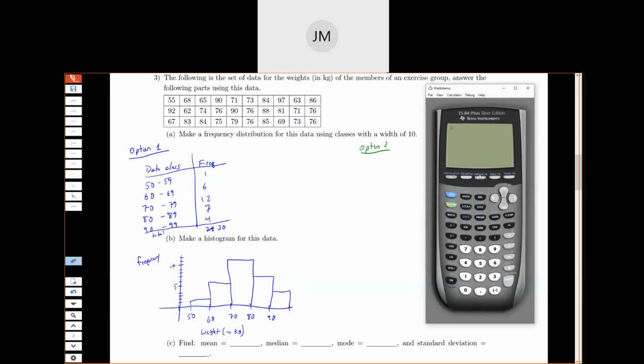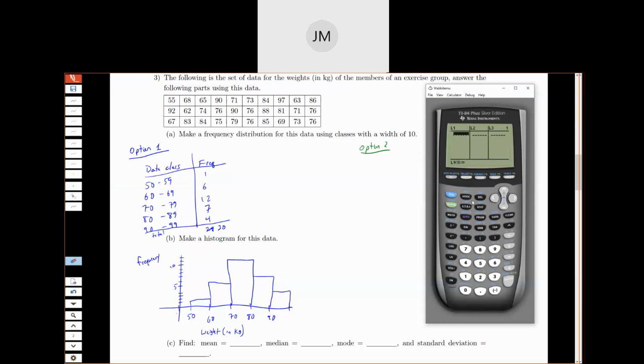To enter this in my calculator, I'm going to press the Stat button. On the Edit menu, I hit Enter. I'm going to list all of these in L1. Even though it looks like there are multiple columns on your calculator, if I have one data set, I need to put it all into one list, a single column list for the whole thing.